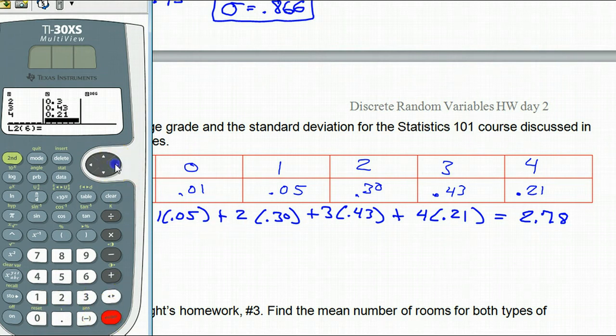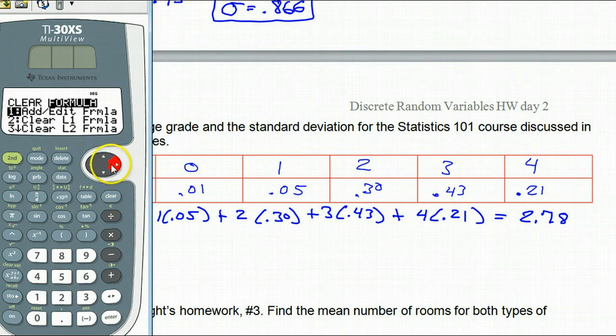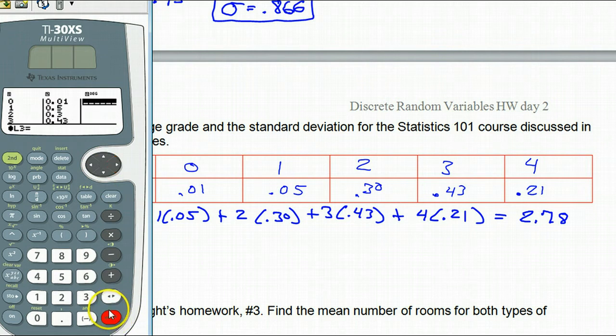Now, I want the sum of all the xp's. The x's are in list 1, the p's are in list 2. So I need the third column to be list 1 times list 2. Just hit data again, go over to formula, hit enter.